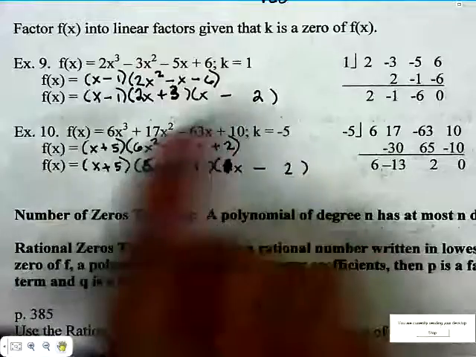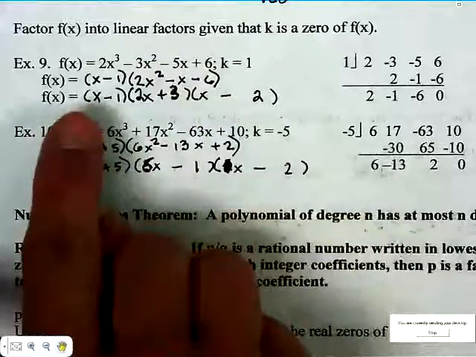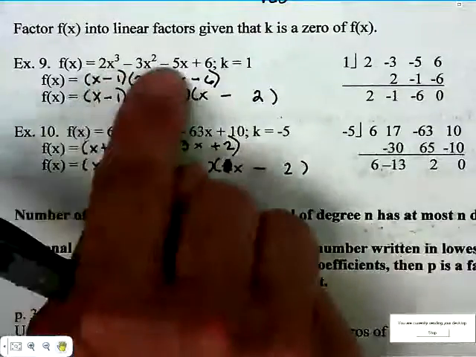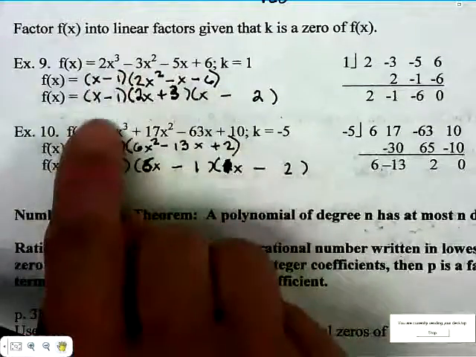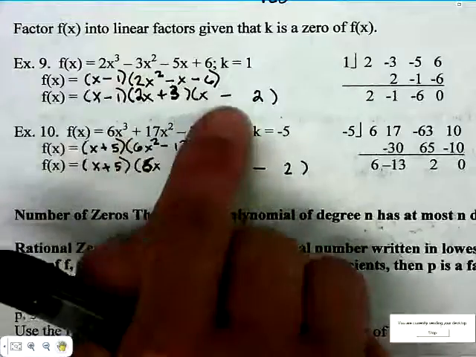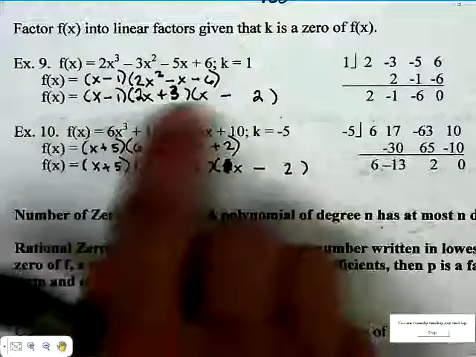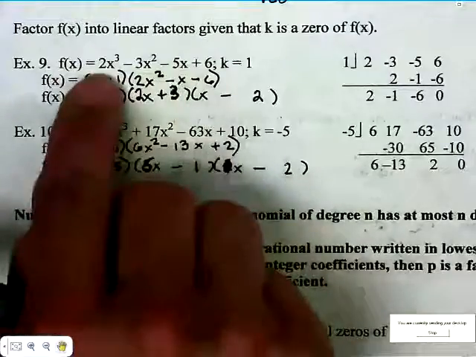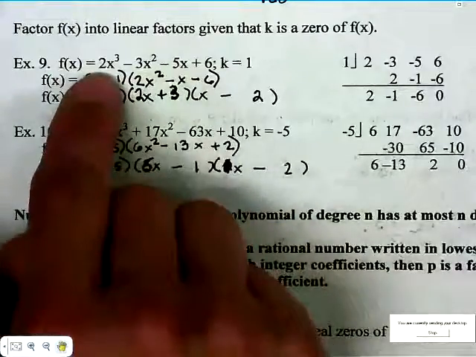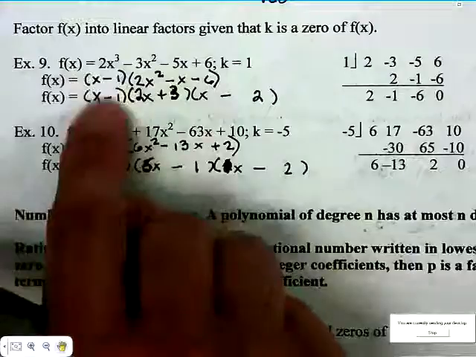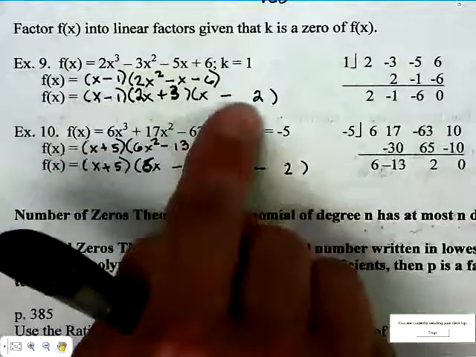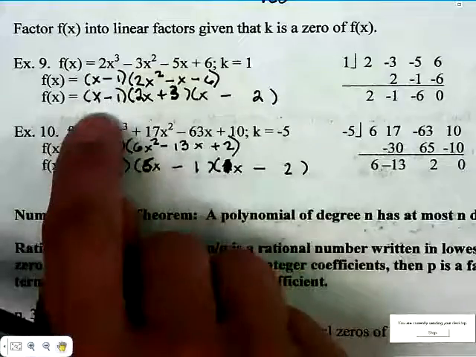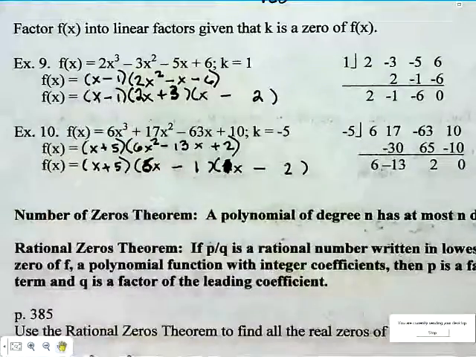But factor means to factor into things that multiply back together to give you what you started with. Positive 1, negative 3/2, and positive 2 do not multiply back together to give you that original polynomial. So read the directions and make sure you know what the question's asking. If it says factor, the answer is going to look like this. If it says find the zeros, then the answers will be just numbers: 1, negative 3/2, positive 2.